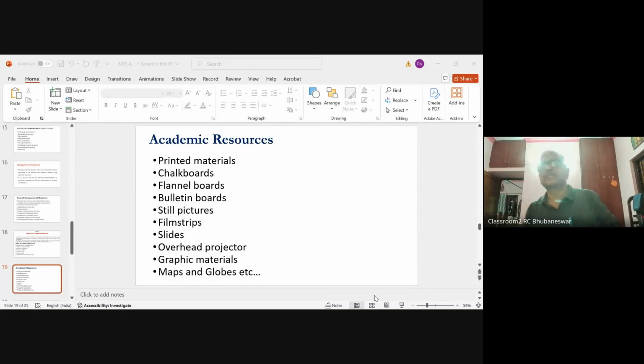So we can use still pictures as academic resource. You are going to teach about plants. So take still pictures or videos and use them inside the classroom about the variety of plants and their functions, or animals, or any type.